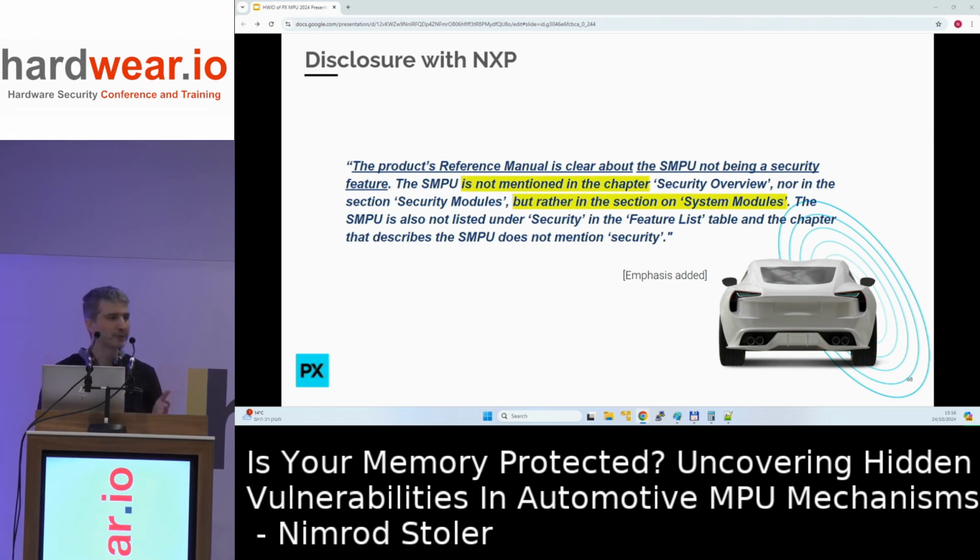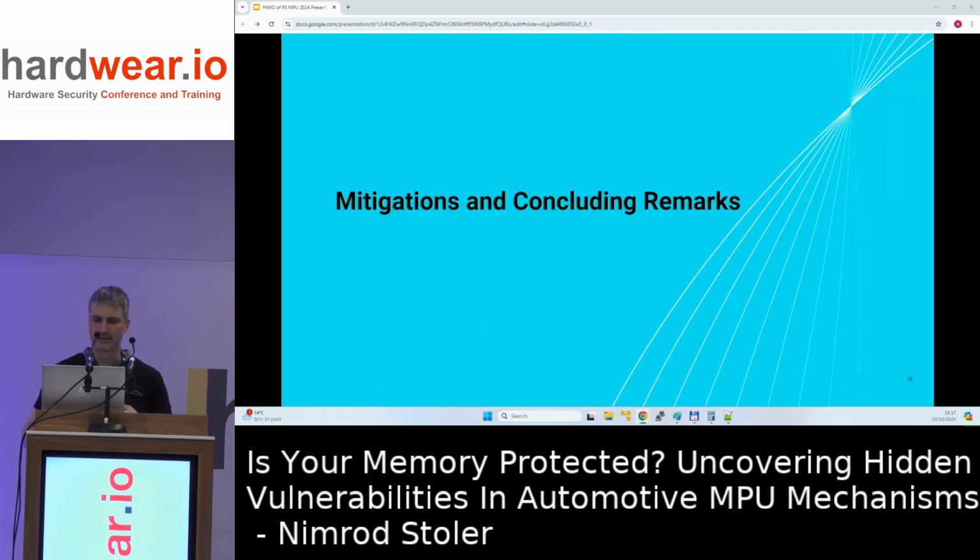Well, as much as we read through the reference manual of the NXP chip, we could not find a positive reference to the fact that the SMPU is not a security mechanism. What again seems to us to be totally a given, that it is. So I guess that eventually we don't see eye to eye with the two vendors regarding the SMPU being or not being a security mechanism.